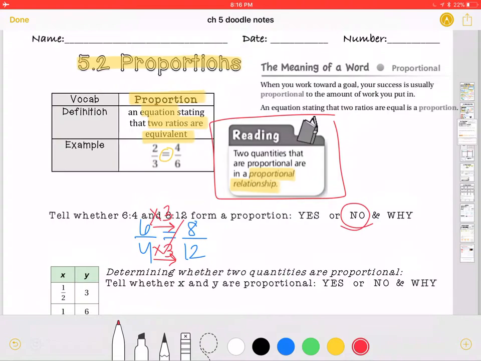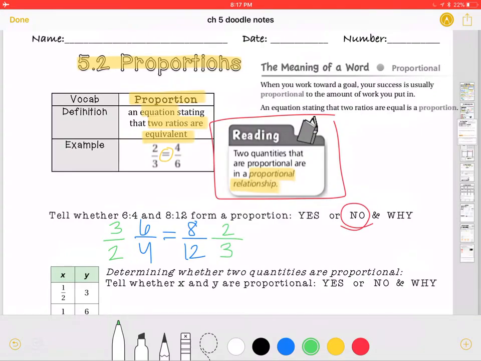Another way to decide whether they were equal or not, maybe you don't see a relationship like times 3, you can always simplify. Like 6/4, I can divide both of those by 2, and I would get 3/2. 8/12, I can divide both of those by 4, and I would get 2/3.